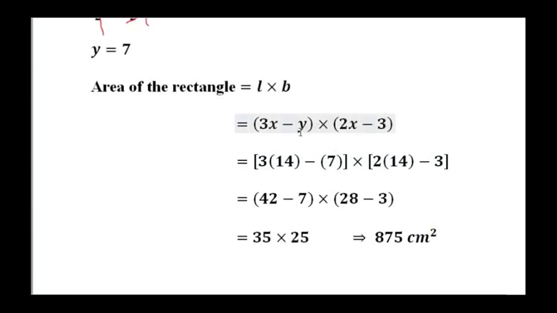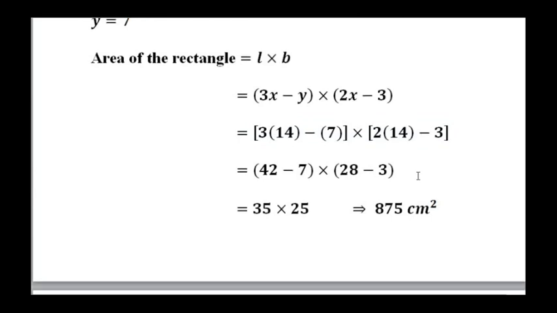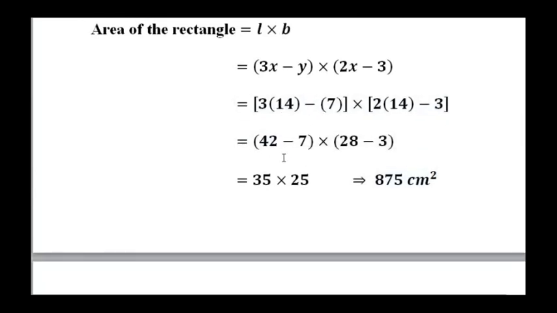If we substitute the values of the variables x and y, we get (3 times 14 - 7) times (2 times 14 - 3). Next, 14 times 3 is 42, minus 7, times 14 times 2 is 28, minus 3.